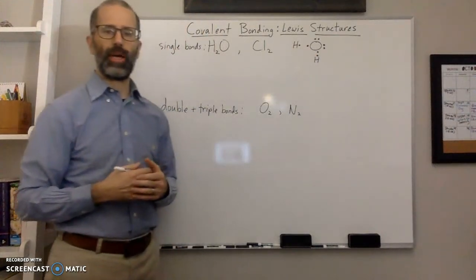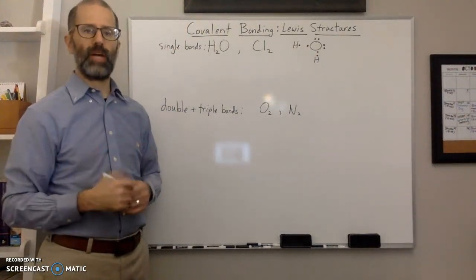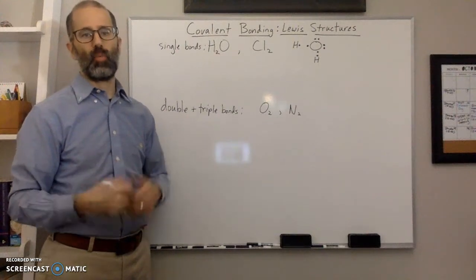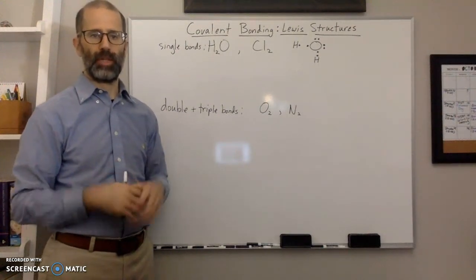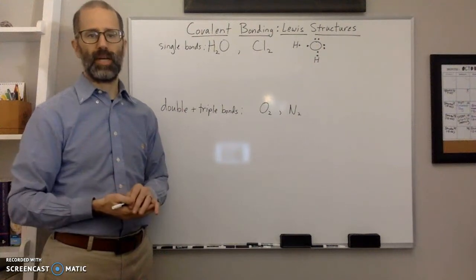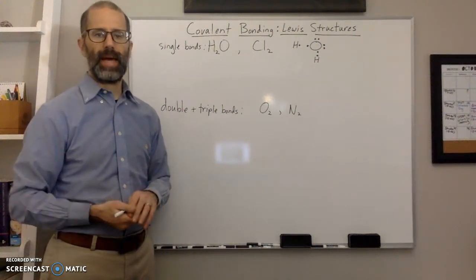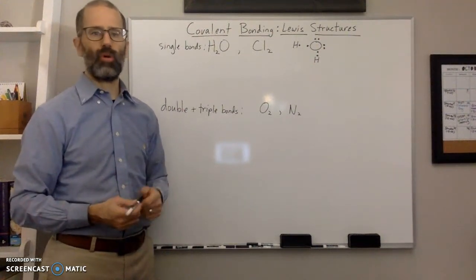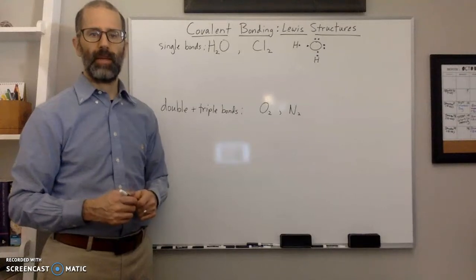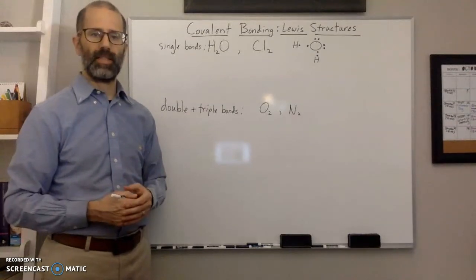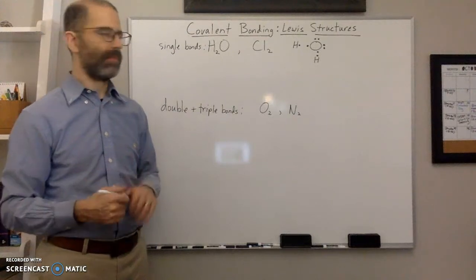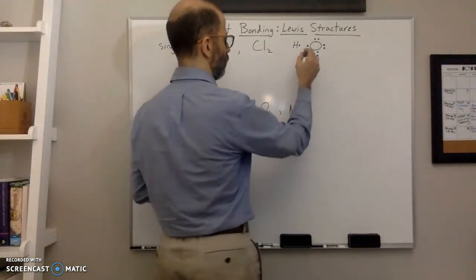At this point, there is no transfer of electrons because both oxygen and hydrogen want another electron. Hydrogen needs 1 more electron to fill its outer shell to be stable like a noble gas, and oxygen needs 2 more to be stable like a noble gas. So the only way they can be satisfied is by sharing. So you're going to pair these up.